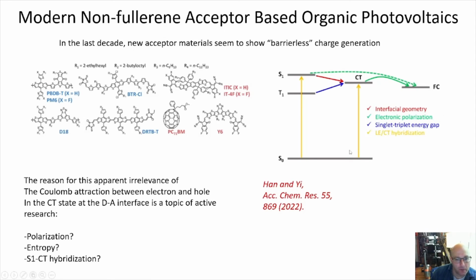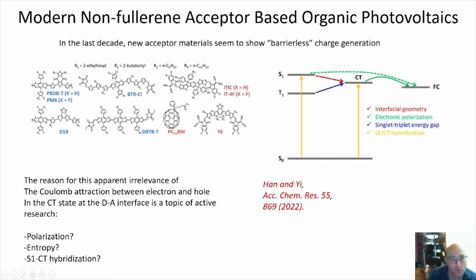And that's pretty surprising because we do expect a CT state to have 2 opposite charges that are quite close to one another, about a lattice spacing. So you would really tend to call that still a Frenkel type exciton. But in fact, it looks like there's no Coulomb barrier between CT and CS, which here is indicated as FC for free charge.